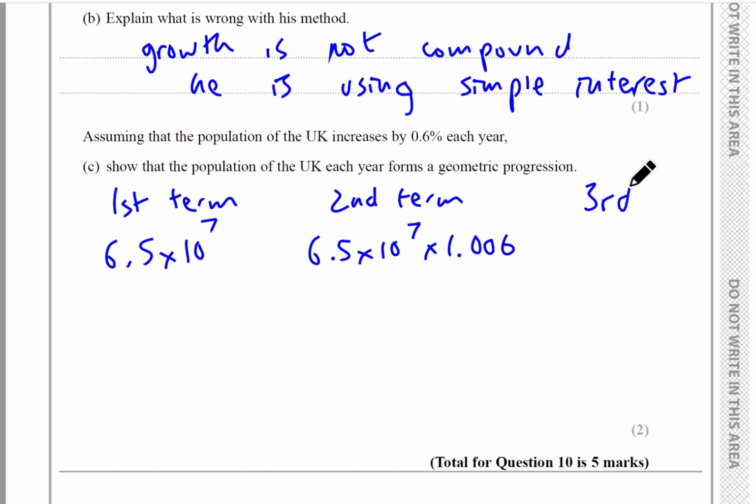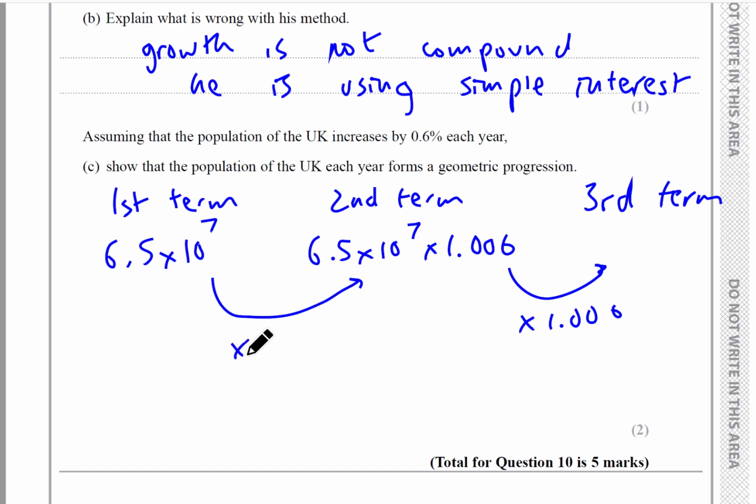Now the third term is going to be that answer times 1.006. So you can see the pattern. So that means that's going to be 6.5 times 10 to the 7, we're going to run out of space, times 1.006 squared.